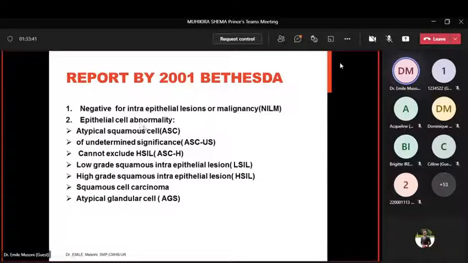There are some epithelial abnormalities: atypical squamous cells of undetermined significance (ASC-US), atypical squamous cells cannot exclude high-grade squamous intraepithelial lesion (ASC-H), low-grade squamous intraepithelial lesion, high-grade squamous intraepithelial lesion, squamous cell carcinoma, and atypical glandular cells. In case you see a report of atypical squamous cells or low-grade squamous lesion, you have to do a small biopsy on the cervix, and then you do histopathology analysis.